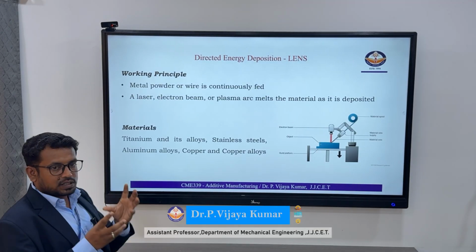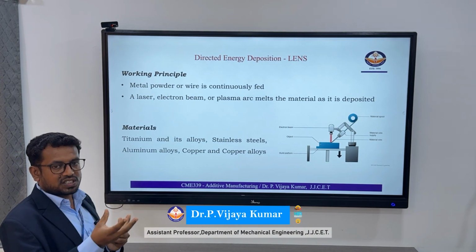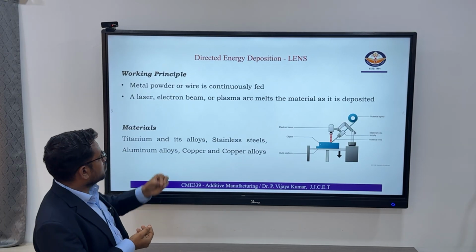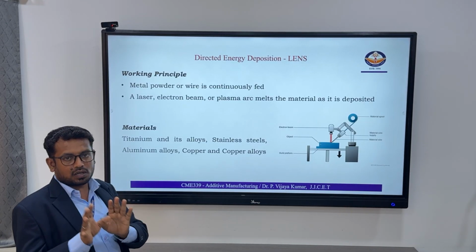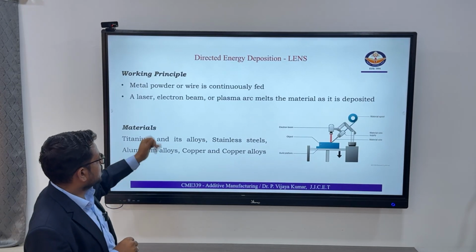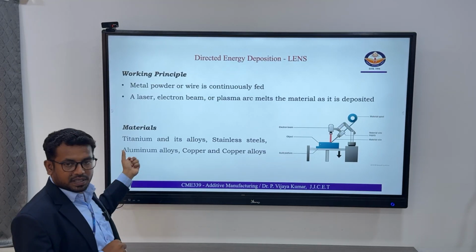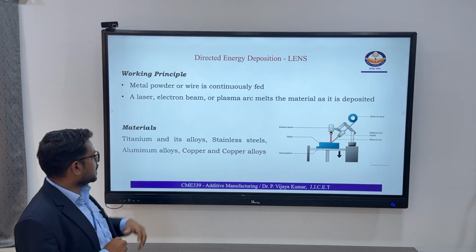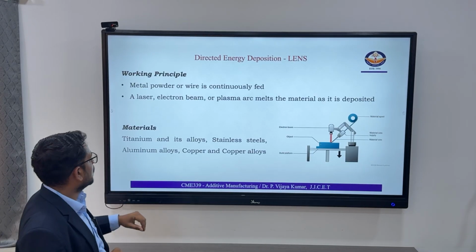So if a single product has some minor repair or breakage in some places, in that case we can use this type of technology and easily repair that particular place or part by using this DED technology. Here also some of the metallic products are developed, and materials like titanium alloys, stainless steels, aluminum alloys and copper alloys are also used in this DED technique.